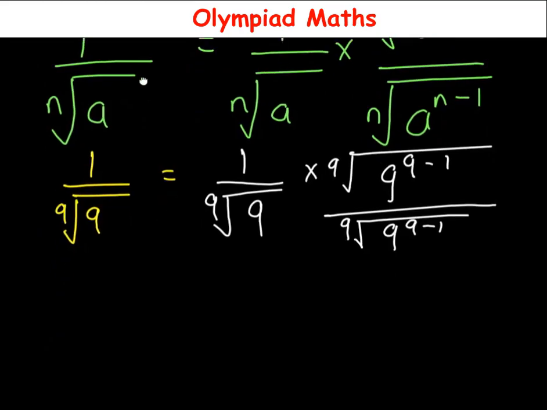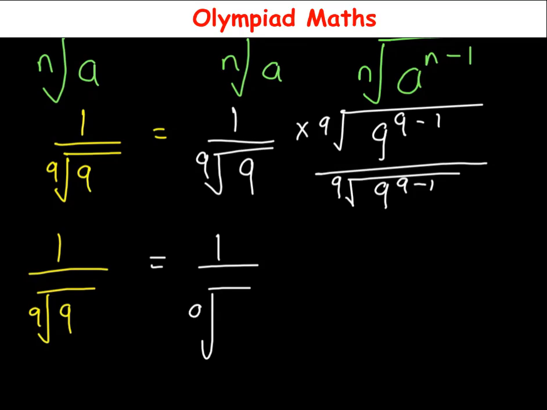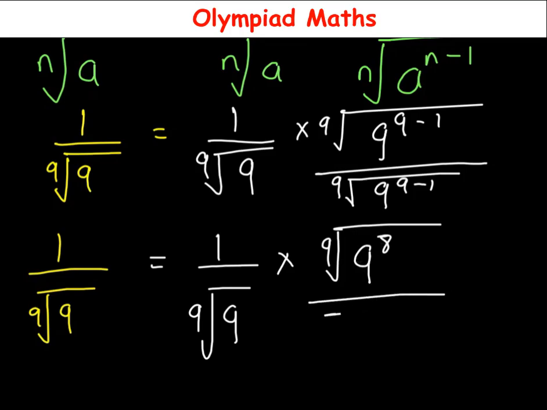Okay, so from here, 1 over the 9th root of 9 is equal to 1 over the 9th root of 9 times the 9th root of 9 to the power 9 minus 1, which is 8, all over the 9th root of 9 to the power 9 minus 1, which is 8.